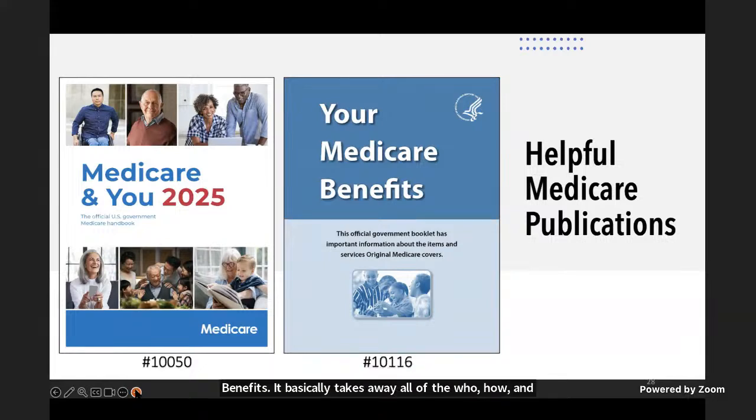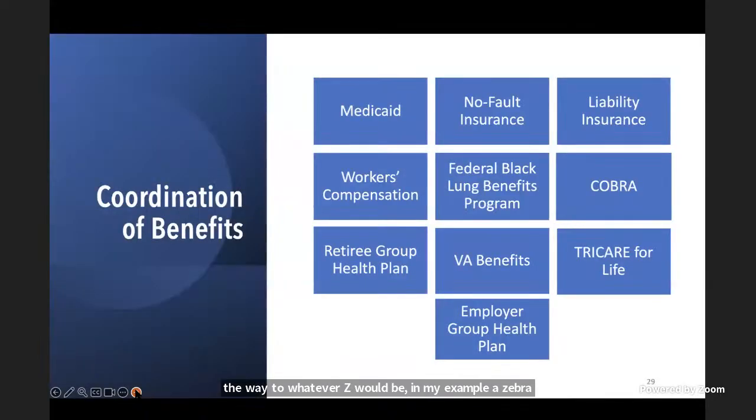And they're listed alphabetically. So you can literally start in the A's and go all the way down to whatever Z would be in my hypothetical example, before it wasn't a zebra trampling, but you can go see what the rates are or what your coverages are.